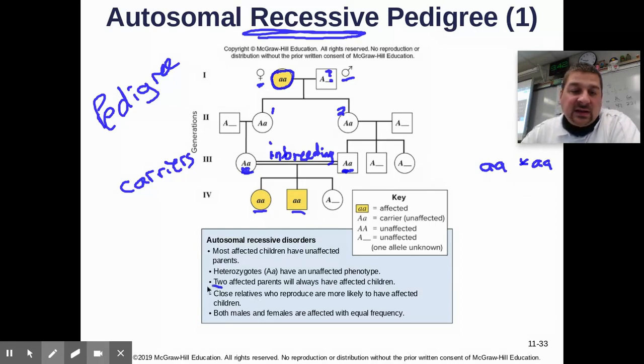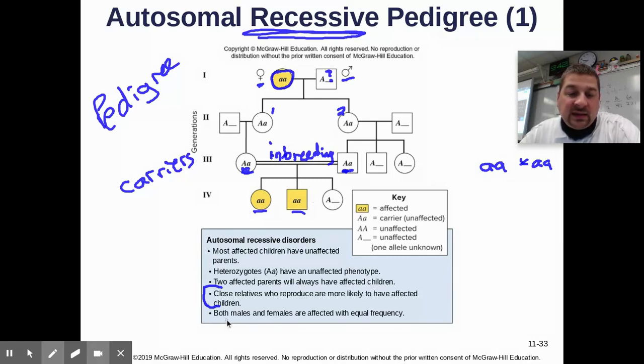Close relatives, this is the inbreeding we're talking about, have a greater chance for these recessive alleles to come back together. And we see that not only in humans, but in the animal kingdom. If you look at purebred dogs, some of the traits they struggle with, like hip dysplasia and cataracts, are health problems that come from very close lines of breeding.